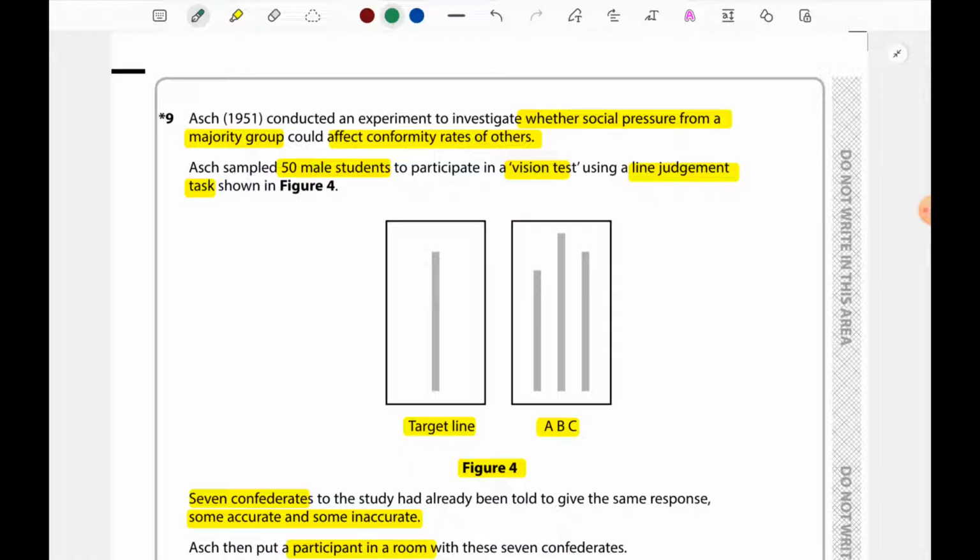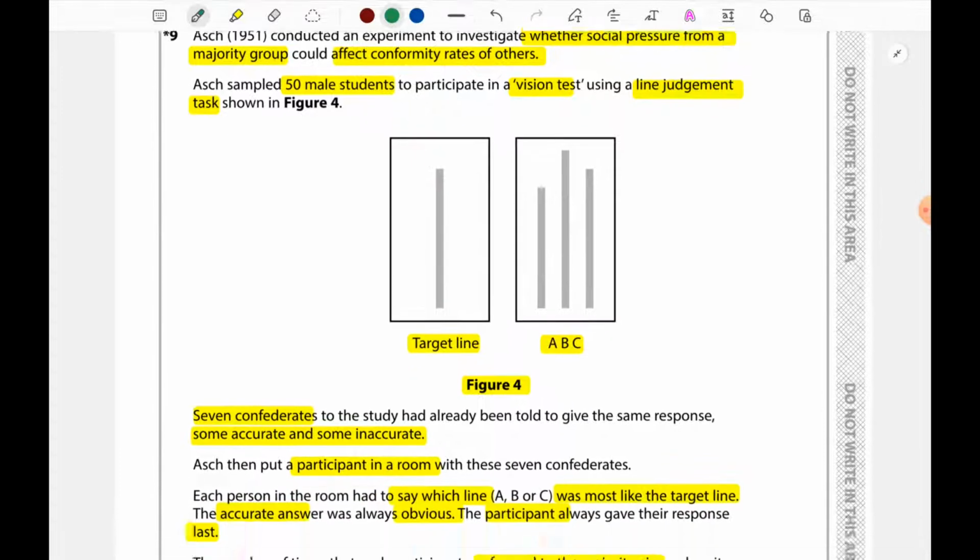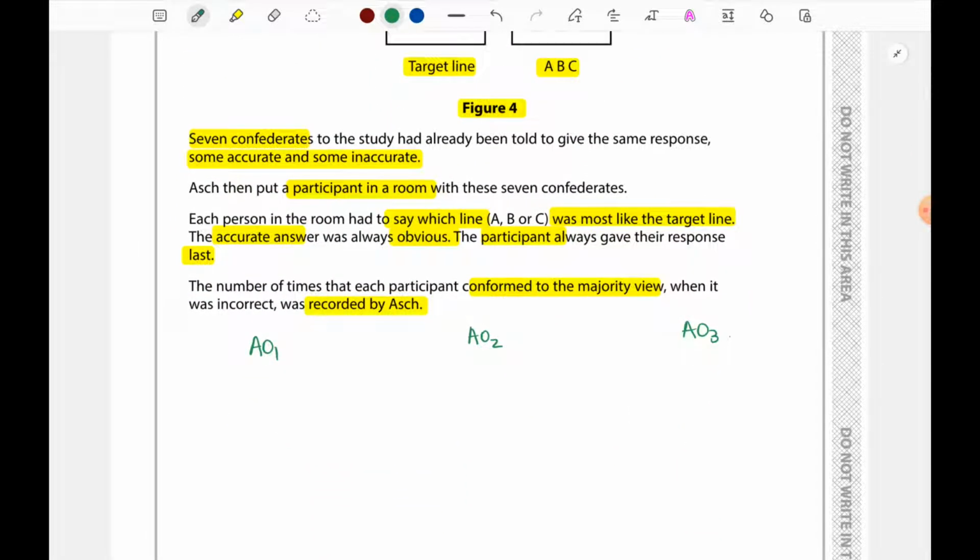So first in our mind, in AO1, generally, what are the strengths and weaknesses of laboratory experiment? What knowledge we have gained from the textbook or from whichever guide we are referring to about the strengths and weaknesses of laboratory experiment. First, we should jot down that. So one strength, as we know, for laboratory experiment is the control that we get.